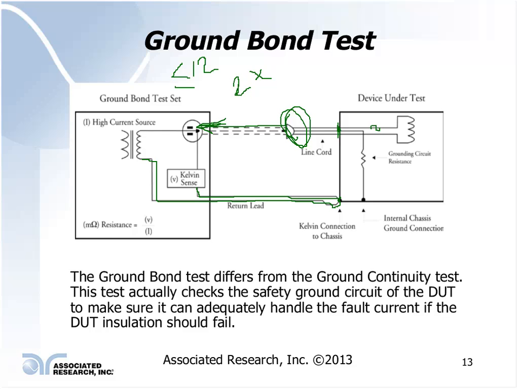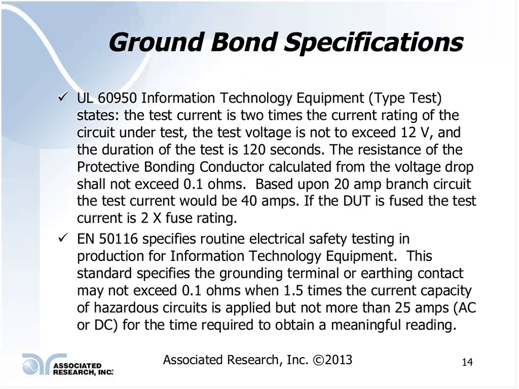Okay. So the ground bond test is different from the continuity test in that it is testing the integrity of this ground circuit to be able to handle any fault current that could be imposed on your product should the insulation of the product actually fail. Okay. Let's look at the safety standards just to verify this. UL 60950 is the safety standard written by Underwriters Laboratory for information technology equipment.